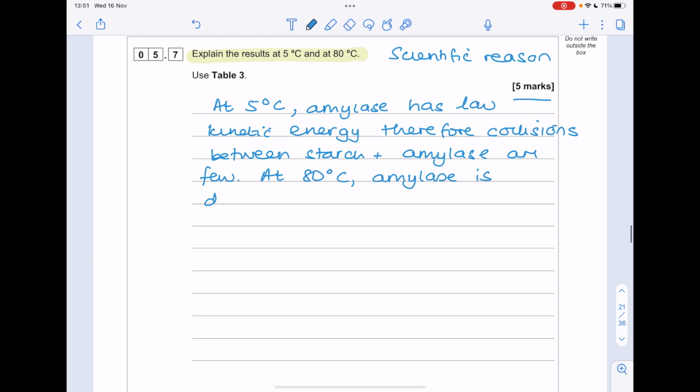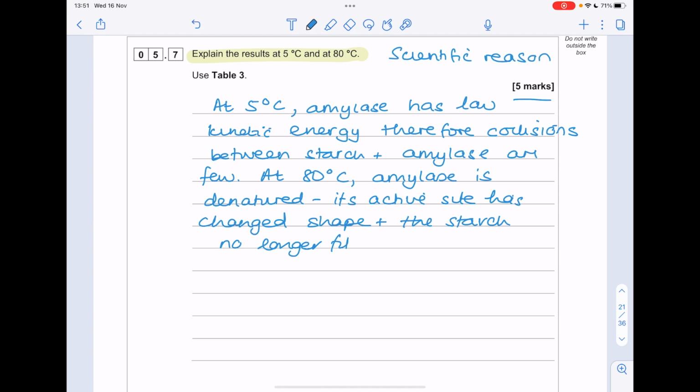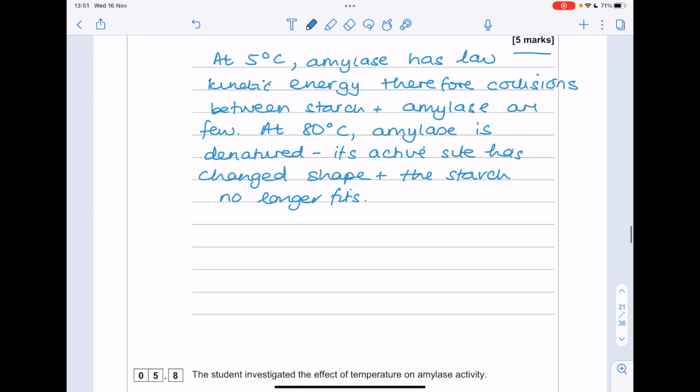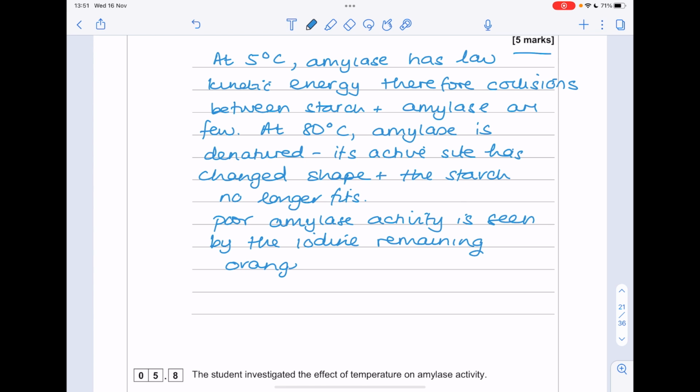What does that mean? Its active site has changed shape and the starch no longer fits, or the substrate. Remember, these words are interchangeable. Poor amylase activity is seen by the iodine remaining orange-brown, meaning that the starch hasn't been broken down.